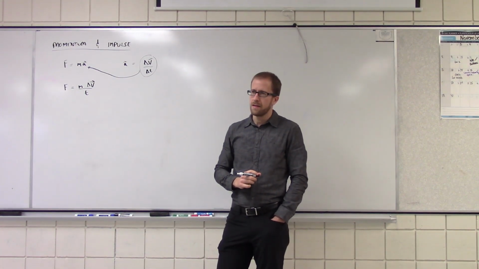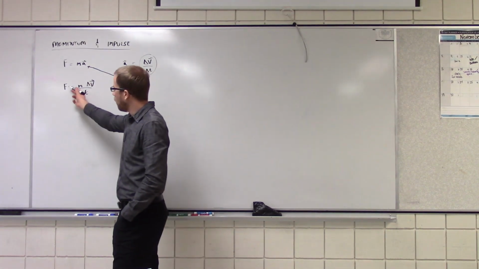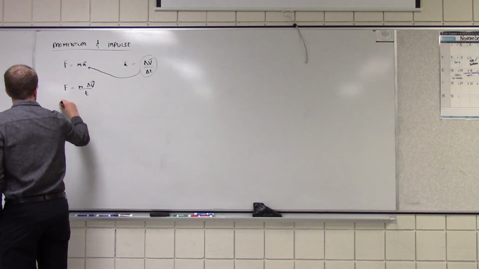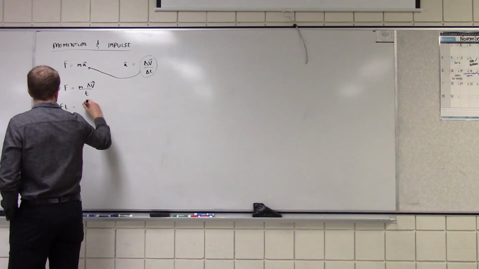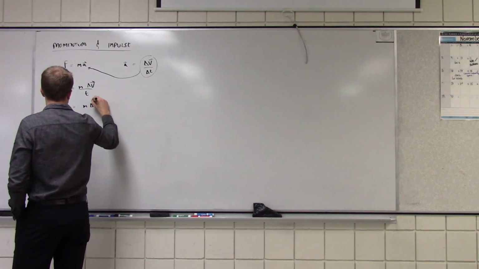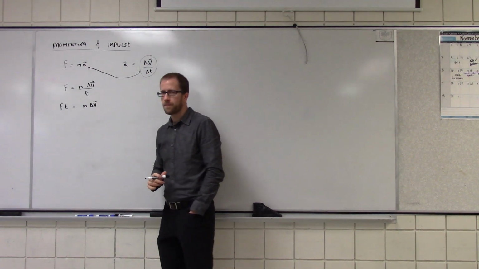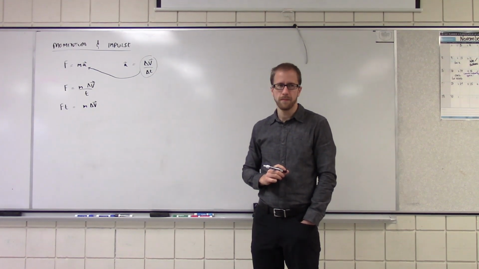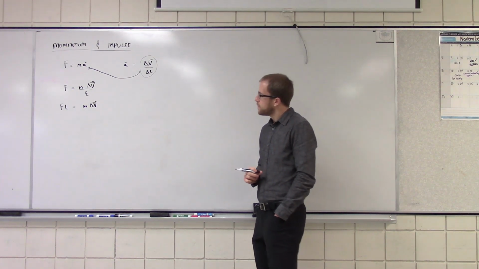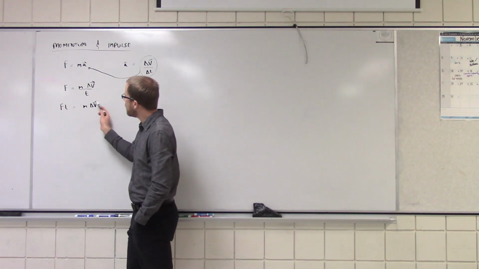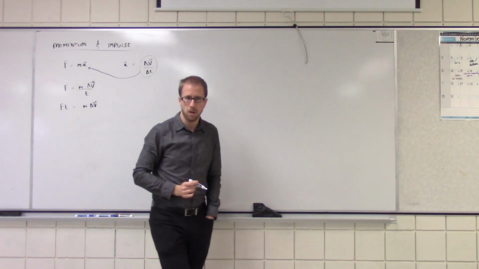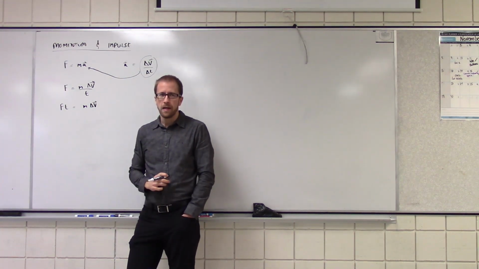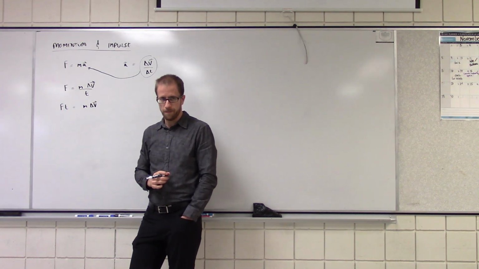And if I move time over by multiplying both sides by t, I get force times time is equal to mass times our change in velocity. So I derived this from Newton's second law. Now, these values here are impulse and momentum.